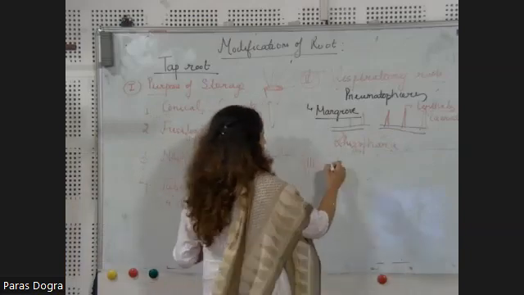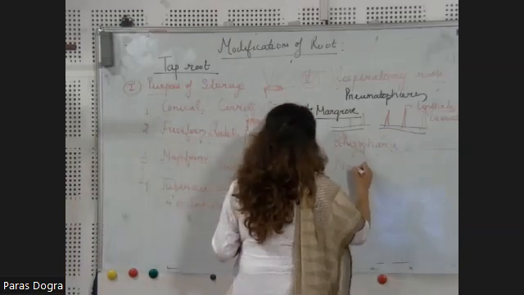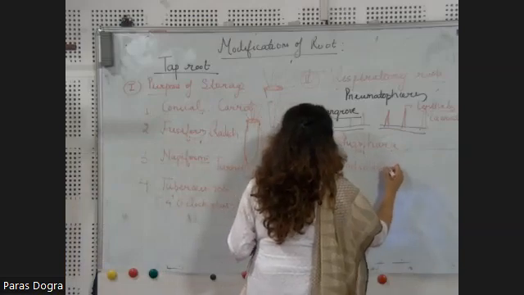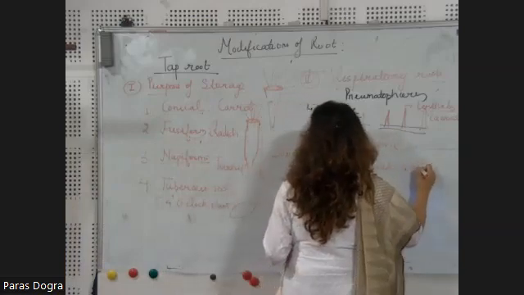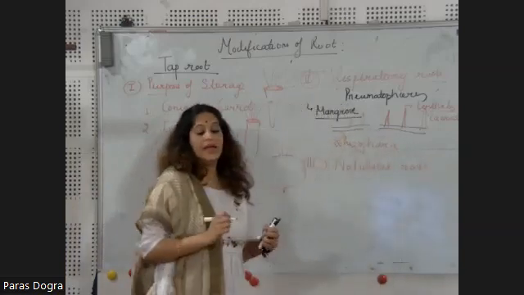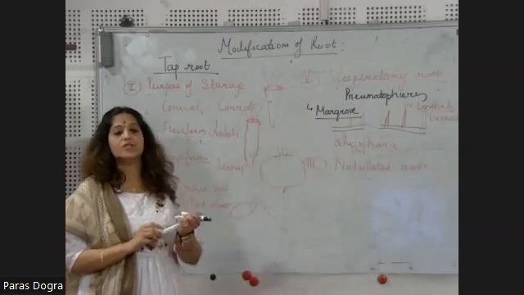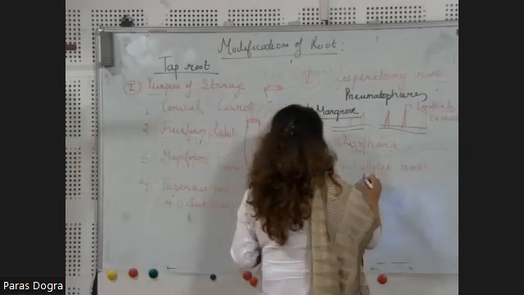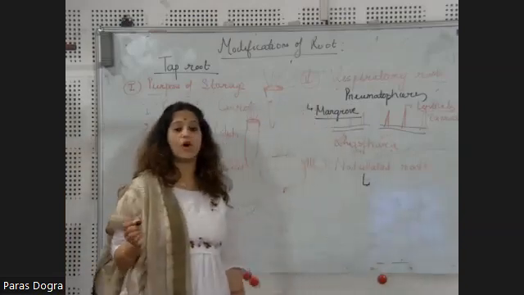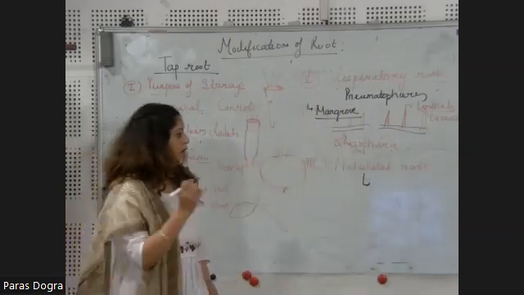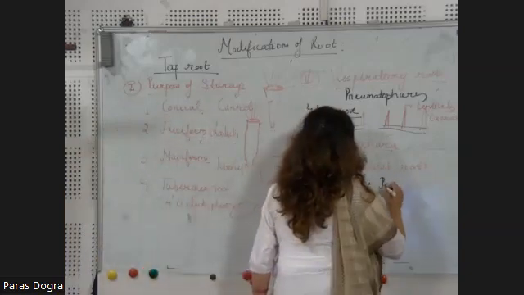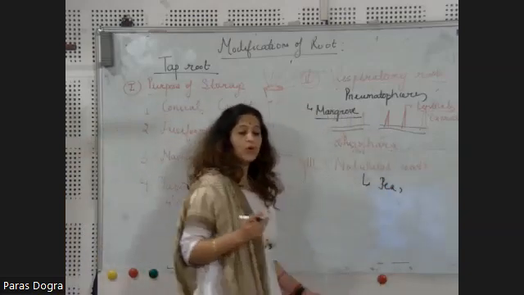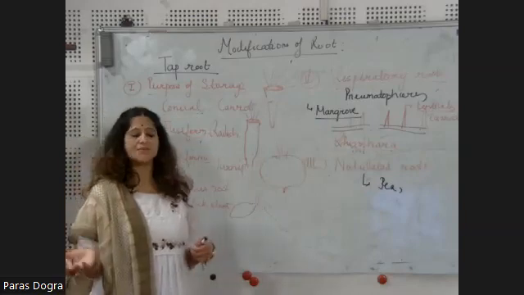Then third is very important. These roots are called nodulated roots. Okay, so what are nodulated roots? Nodulated roots are very important roots seen in the family Leguminosae or Papilionaceae. For example, in the pea family, Pisum sativum.